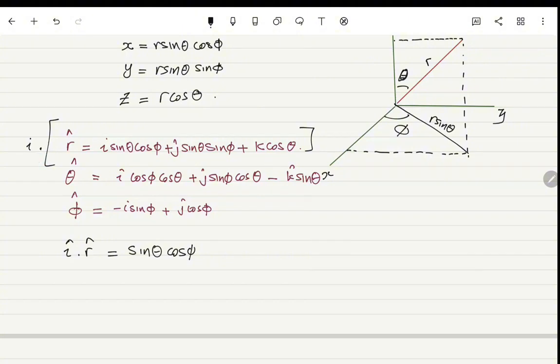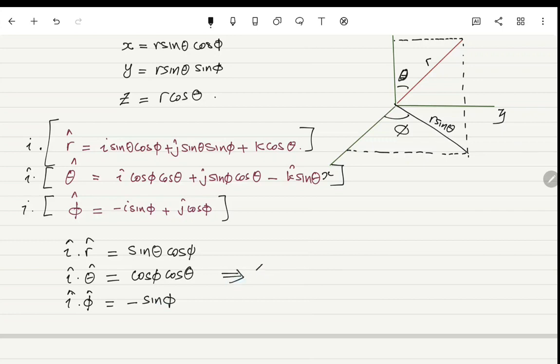Now repeat the same procedure and dot product the second equation with I hat again, you will get I hat dot theta hat. It will be, in this case, cosine phi cosine theta. And if we dot product the third equation with I, in this case, you will get I hat dot phi hat will be equal to minus sine phi.